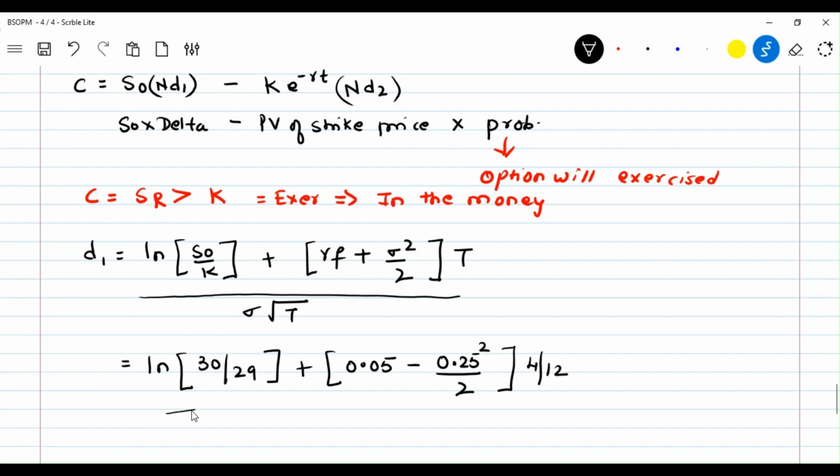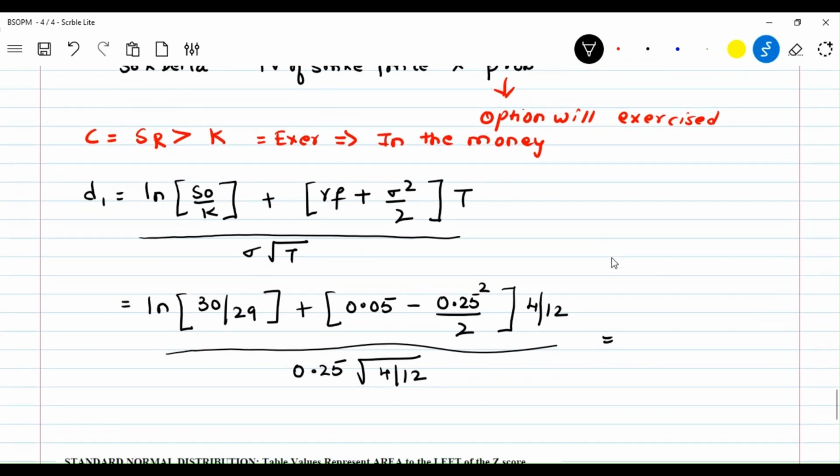And downside, I have my standard deviation, which is 0.25, with respect to 4 by 12. Once you calculate, you're going to get a value of D1. I've already done the calculation, and I got a value of 0.4225.